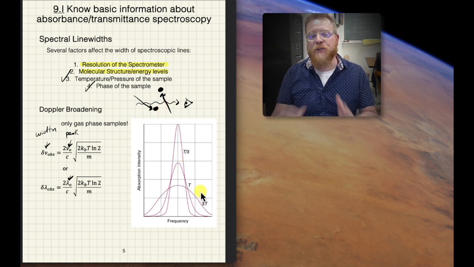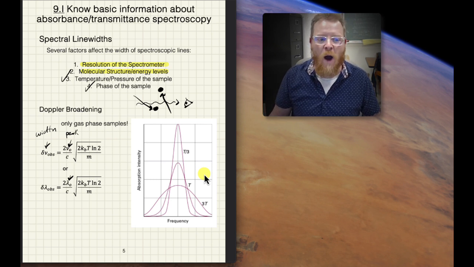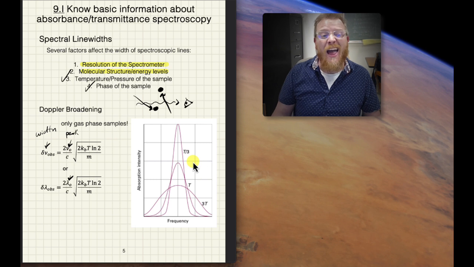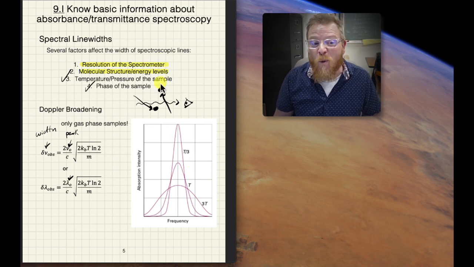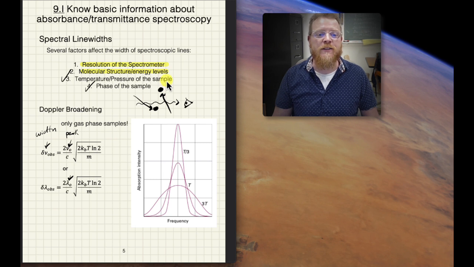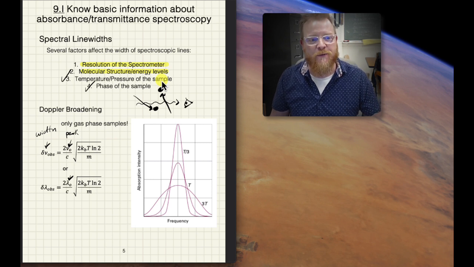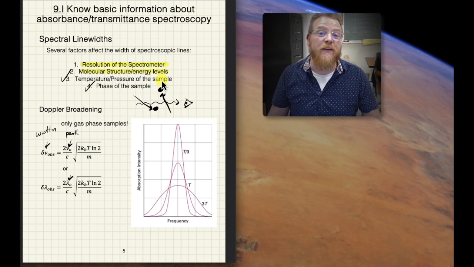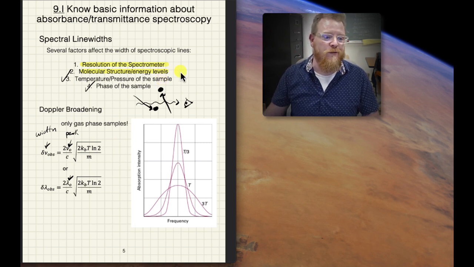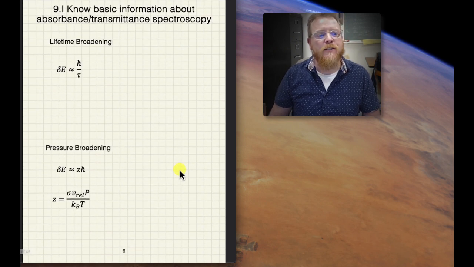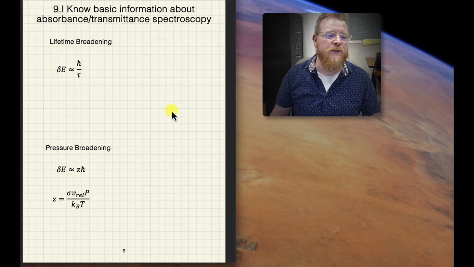At higher temperatures, these peaks can get much wider. Overall, this only affects gas phase molecules, and typically the resolution of a spectrometer is more important than this Doppler effect. All the same, for a very warm gas phase sample operating under a very high resolution, the Doppler effect will be observed.